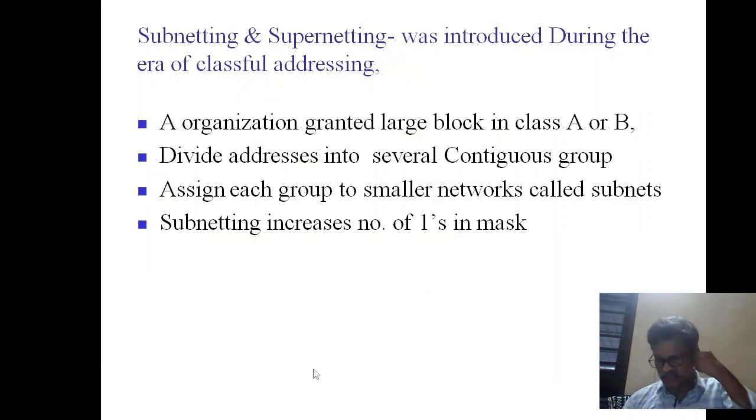Since classful addressing had a fixed net ID, sometimes an organization would have obtained a large block in class A or B. It may need a larger number of network portions, which means we need to increase the number of ones in the mask.